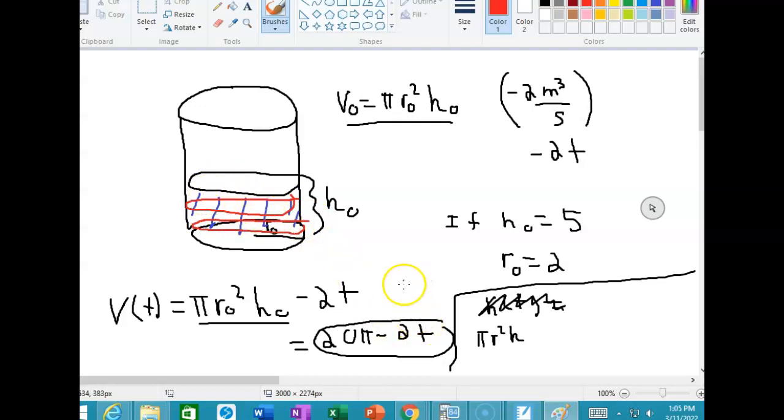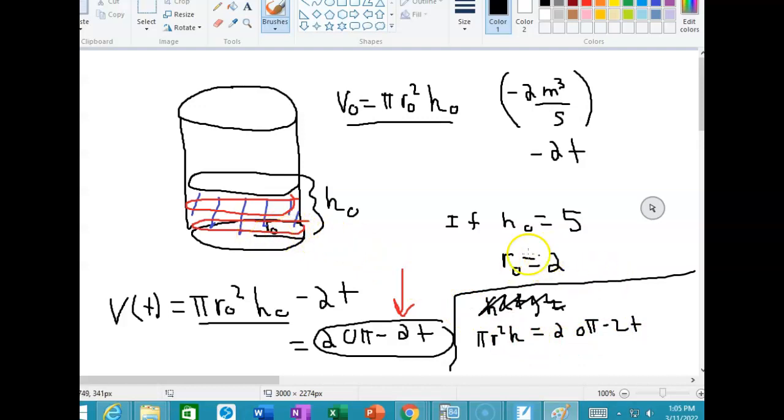So as time passes, this is the volume equation. No matter how much time passes, you're always going to have the equation of a cylinder. So pi r squared h, you can set equal to that 20 pi minus 2t. And I know that r is always the same here.